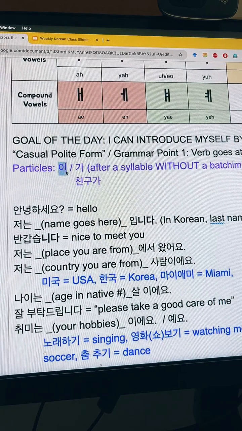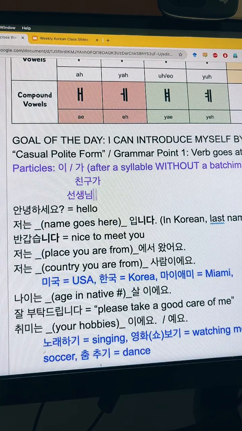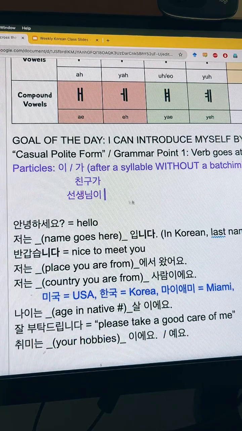For the 이, you would use it when it's a word with a 받침. So what is a word with a 받침? I can think of 선생님. 선생님 ends in a 받침. So you do 선생님이. Okay?